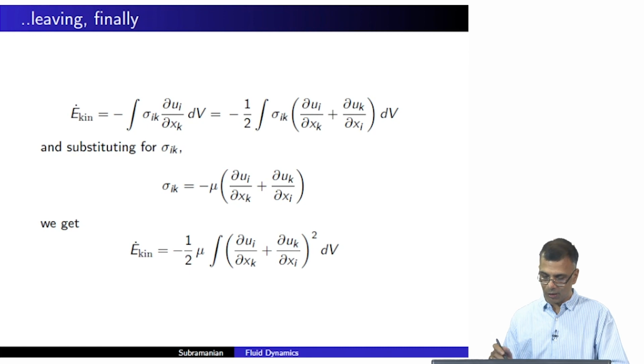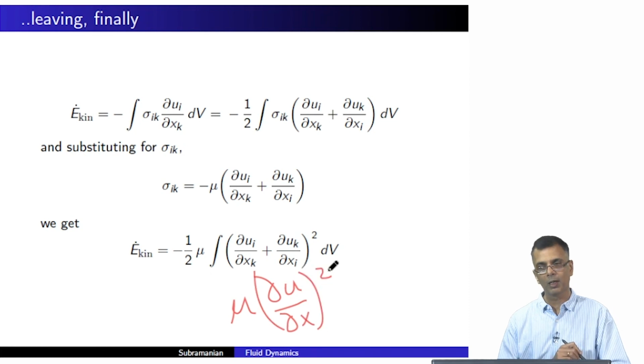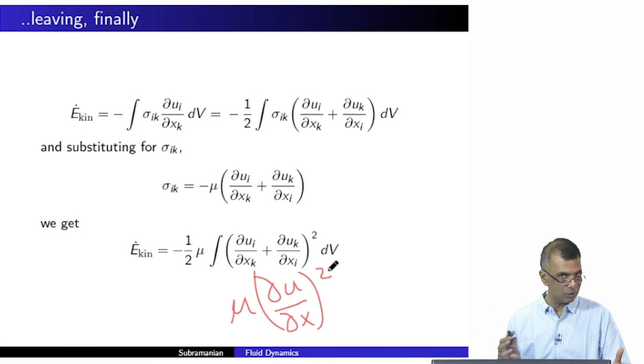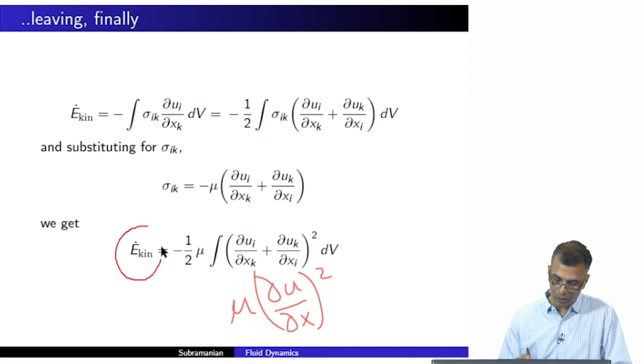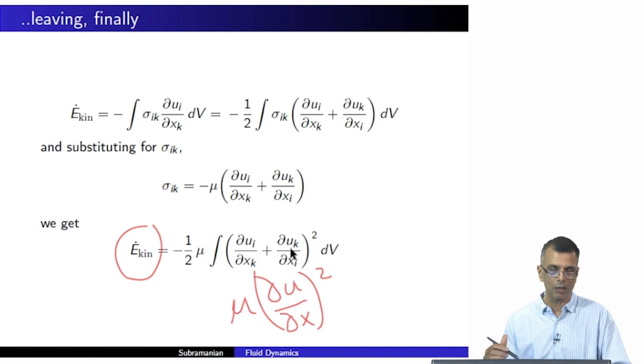If the flow were just one dimensional, this looks very much like mu times (du/dx) squared. So this is the final result: in some sense, how the kinetic energy density of a fluid parcel is dissipated due to viscosity. This agrees with our intuitive understanding of viscosity as a frictional kind of force.